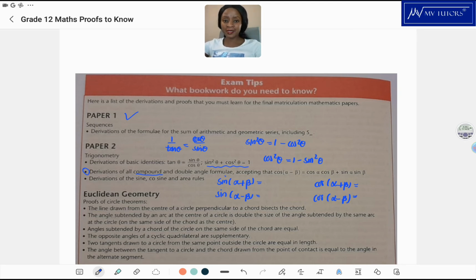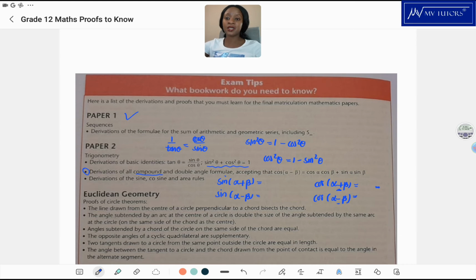Remember that sine alpha plus beta is equal to sine alpha cos beta plus cos alpha sine beta, and the opposite for sine alpha minus beta: sine alpha cos beta minus cos alpha sine beta. When it comes to cos, cos alpha plus beta is cos alpha cos beta, and where there is a plus here, it's going to be a minus, so cos cos minus sine sine. With the negative here, you'll have cos alpha cos beta plus sine alpha sine beta.